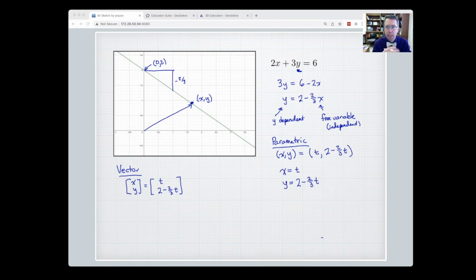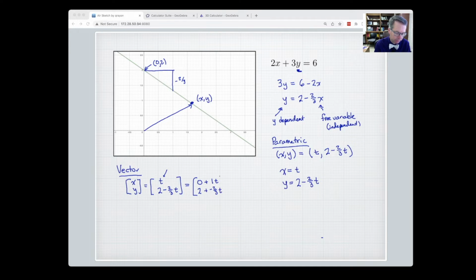Now the next step is to think about how to rewrite this. We want to write it so that I have a vector of constants and a vector of multiples of t. Each of those formulas we're going to think about as being a constant plus a multiple of my parameter t. In the first coordinate, it's just t, so there aren't any constant terms. We're going to represent that with 0, and t is being multiplied by 1. So we've expanded t to be 0 plus 1t.